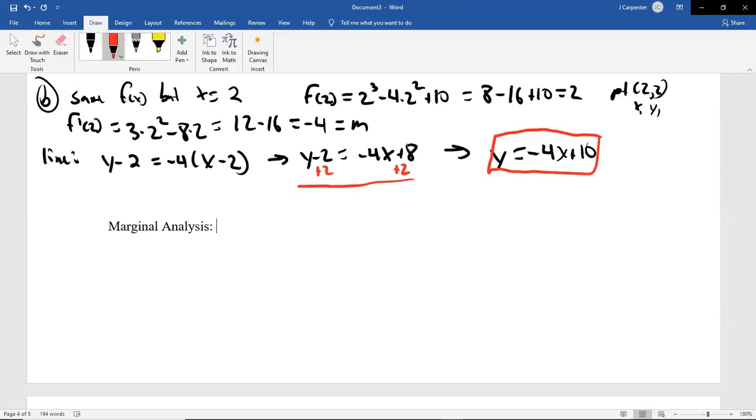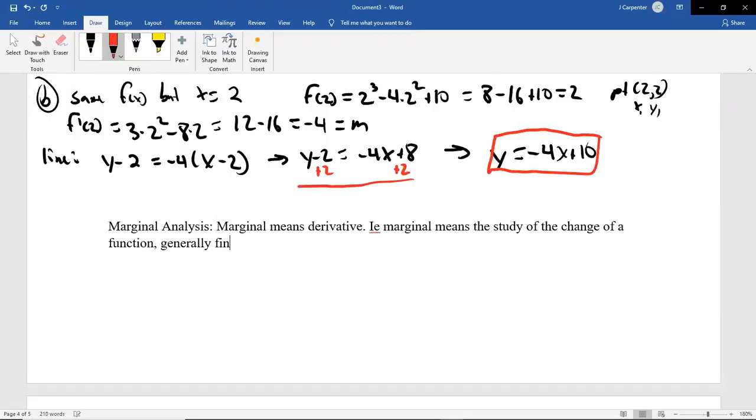The word marginal means derivative, i.e., marginal means the study of the change of a function, generally financial topics. Marginal means derivative.